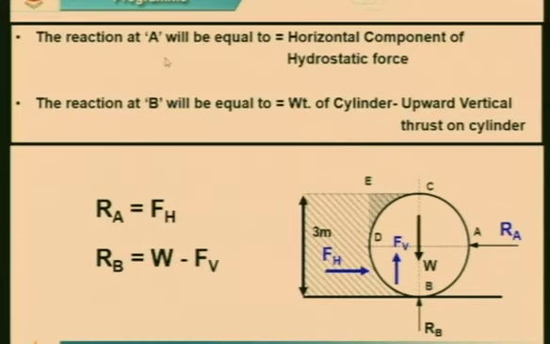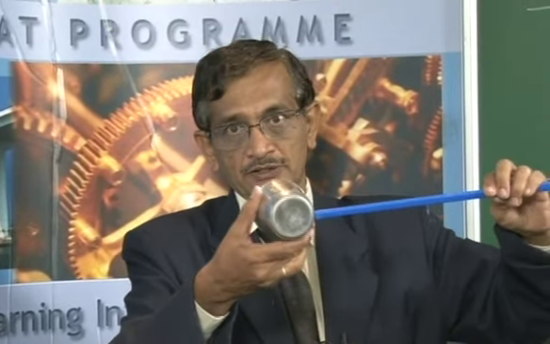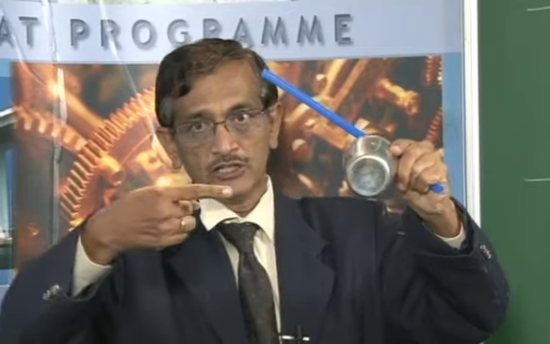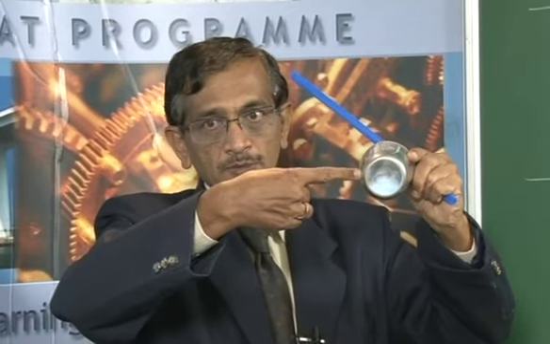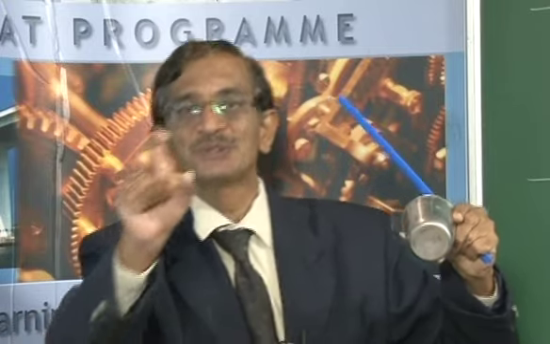Now the reaction at A will be equal to the horizontal component of the hydrostatic force. For example, if this is the cylinder of 3 meter, the hydrostatic force Fh acts in this direction. So reaction at A will be equal to that, so Ra is equal to Fh.